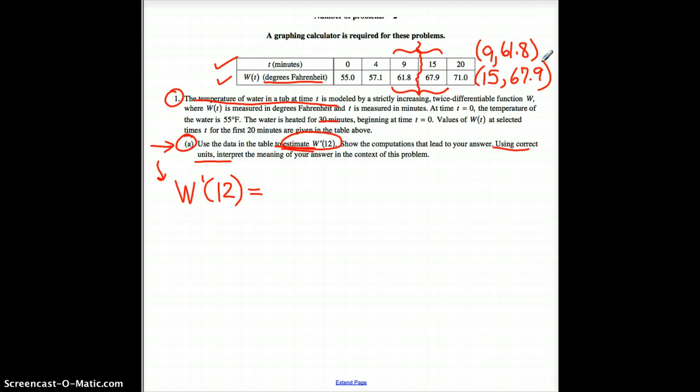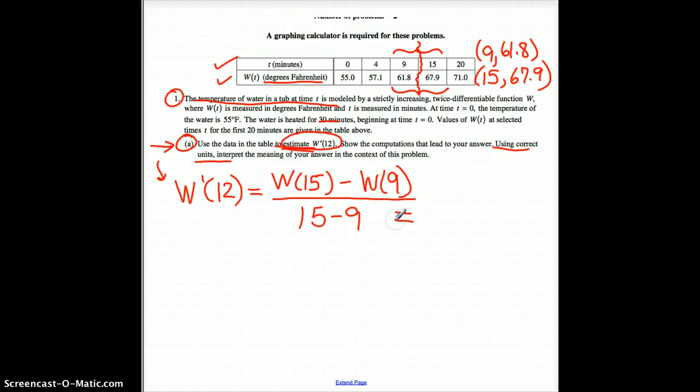Now, I could do it like that. The technical notation would be the degrees at 15 minutes, where it is now, minus the degrees at 9 minutes, over the change in time, which would be 15 minus 9, or 6 minutes.